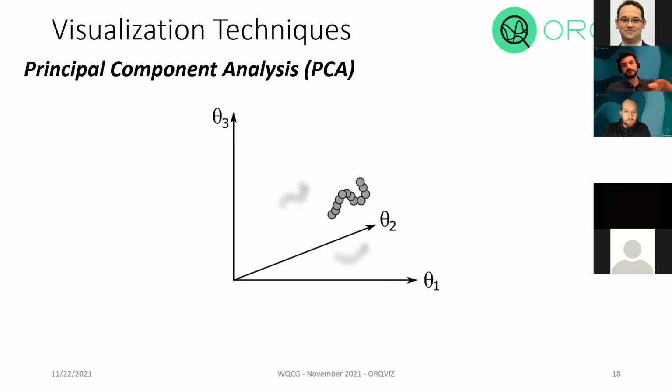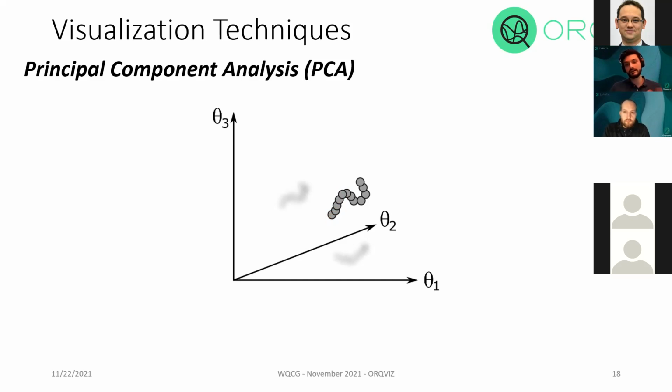I have sketched here what the shadow would be of a parameter trajectory. This could be starting here from optimization, and then the optimization algorithm in parameter space ends up here. So this would be our solution. If we now tried to find a 2D plane to visualize and project our parameters on, how would we do that?